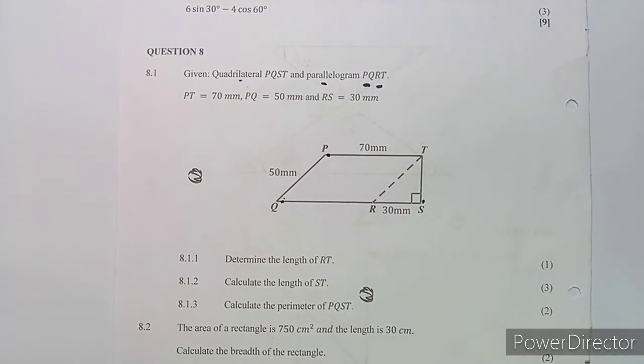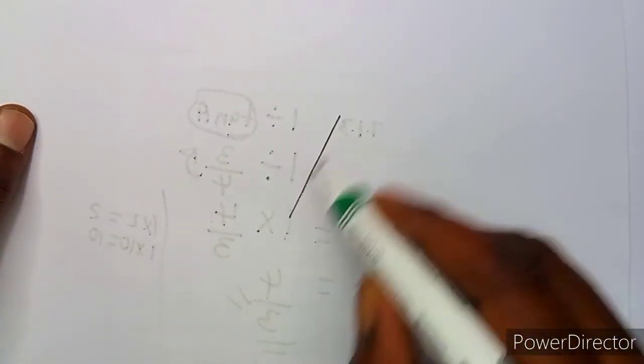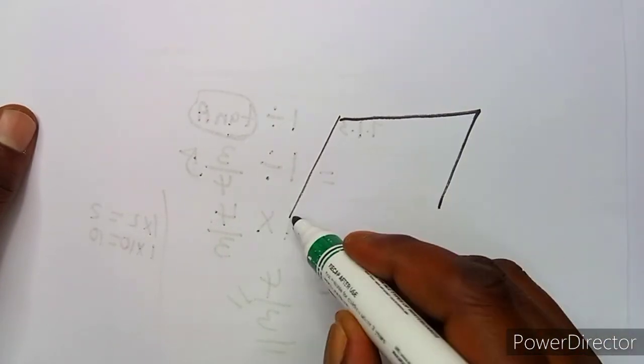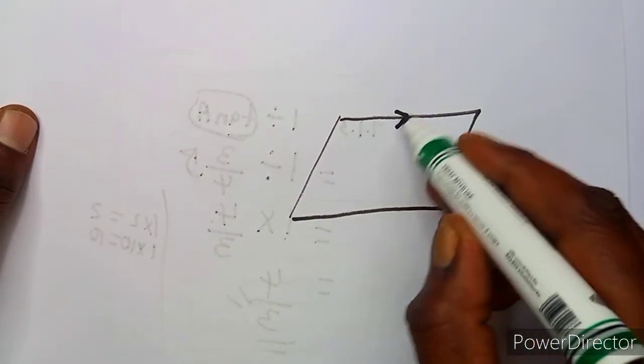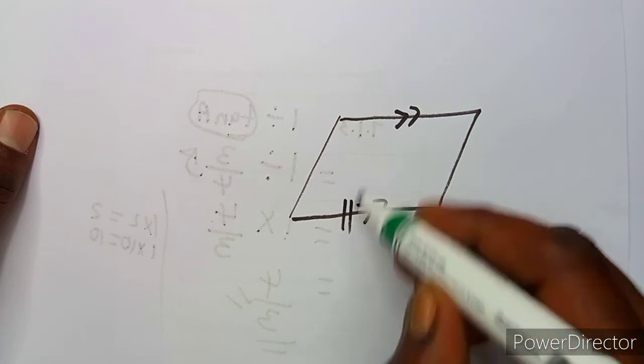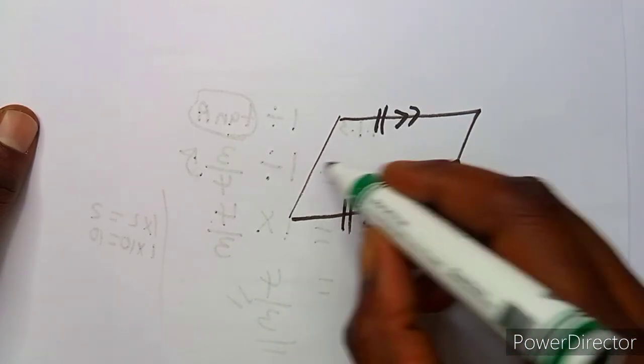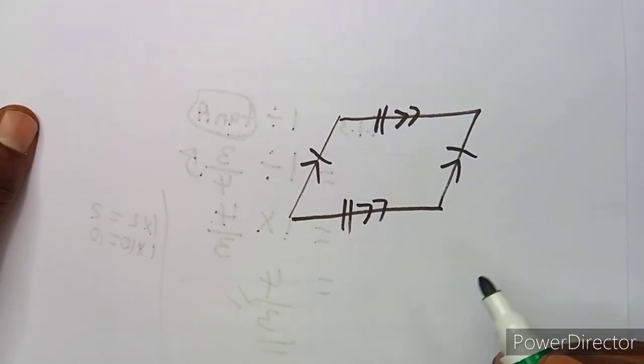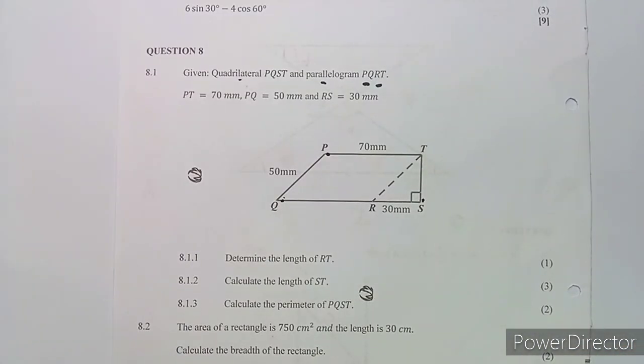And remember, guys, for a parallelogram, I have talked about this in the previous classes. You'll be given something like this. That's a parallelogram where opposite sides are parallel and equal. So using this information, we can fill in the diagram first.